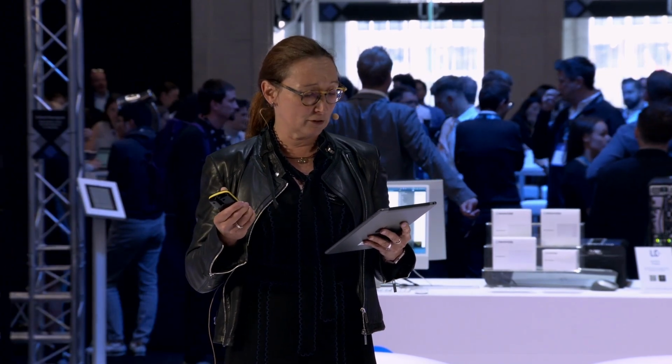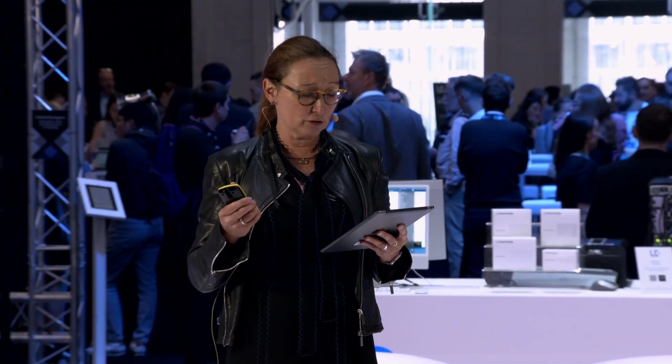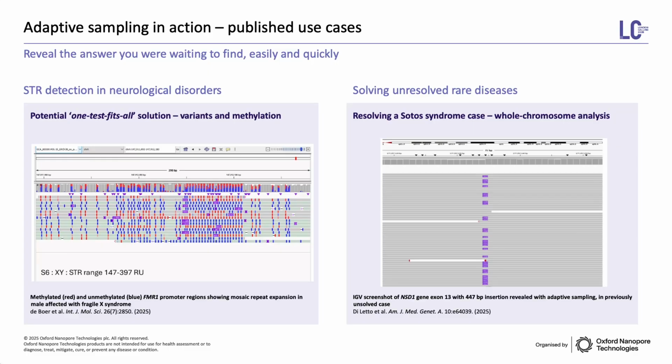The second example is by Di Letto and colleagues in Italy. They also published earlier this year. As part of the Telethon Undiagnosed Diseases Program, that team used adaptive sampling, confident that it could get an answer. They targeted chromosome 5 and achieved about 100-fold coverage, specifically applying the Epi2me human variation workflow to look at variants in a child with suspected Sotos syndrome, for which exome and microarray were still negative.